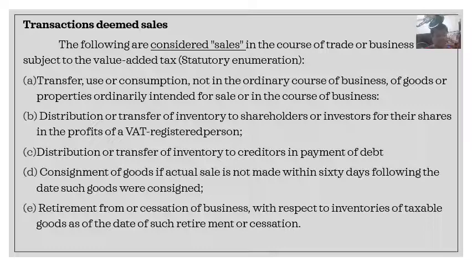Letter D, consignment of goods if actual sale is not made within 60 days. So be careful sa mga consignment, yung mga iniiwan na goods ng ibang manufacturer or seller or distributor sa'yo, kailangan na monitor mo siya kung ilang days na siya na nasa custody mo.